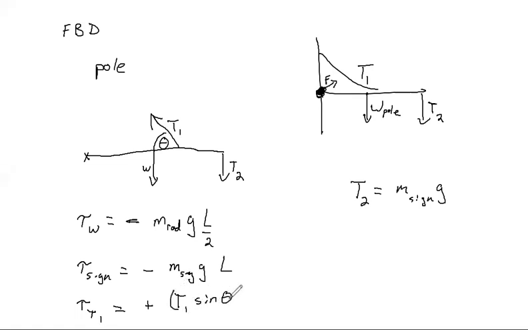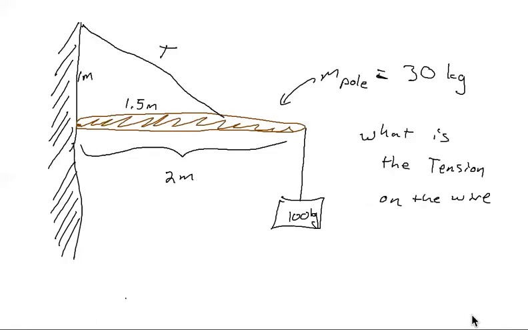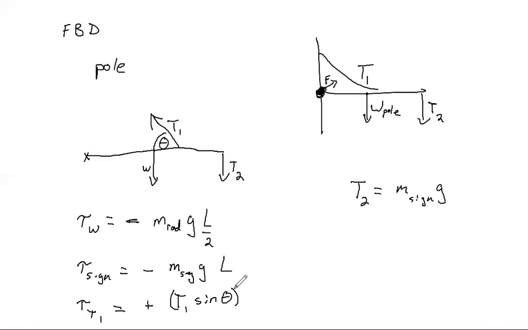That'll give me the perpendicular component times the lever arm. And going back here to look at my figure, that was this 1.5 meter number. Those are the three torques that are generated about the contact point with the wall. So let's plug in some numbers and see what we get.